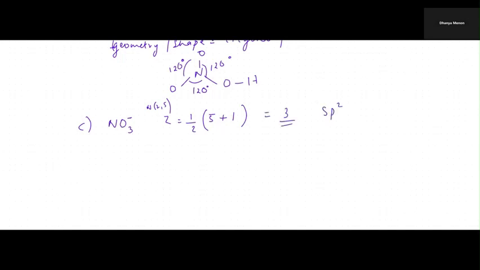Now, Z is equal to lone pair plus bond pair. 3 is equal to lone pair plus bond pair. Nitrogen is connected to 3 oxygen, so 3 bond pairs. So lone pair is equal to 0. It's the same story as the previous one.